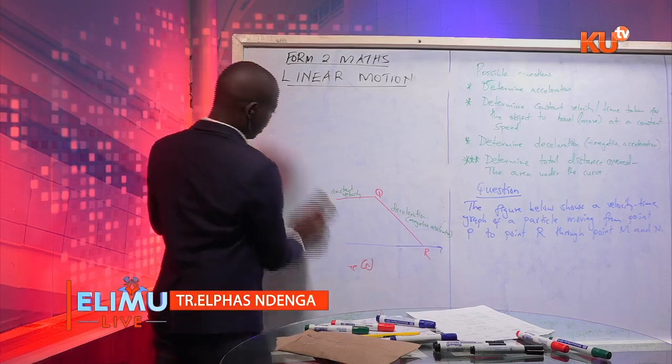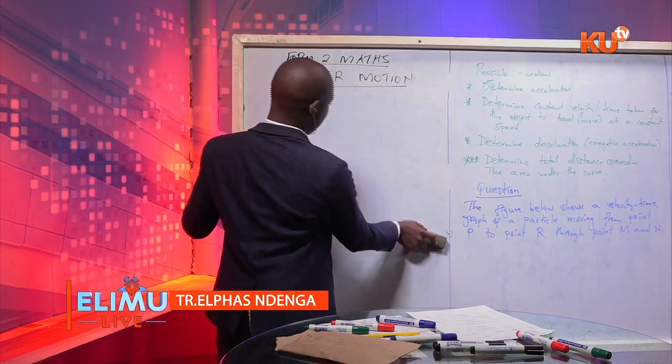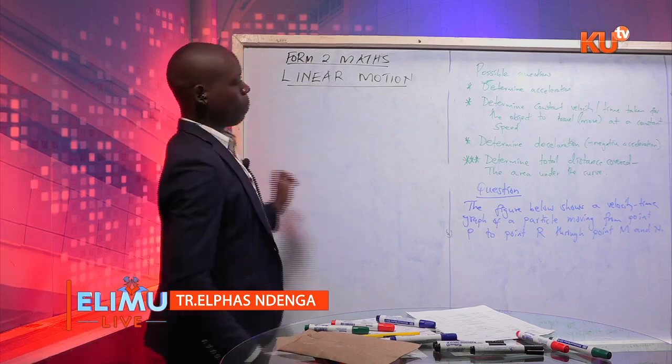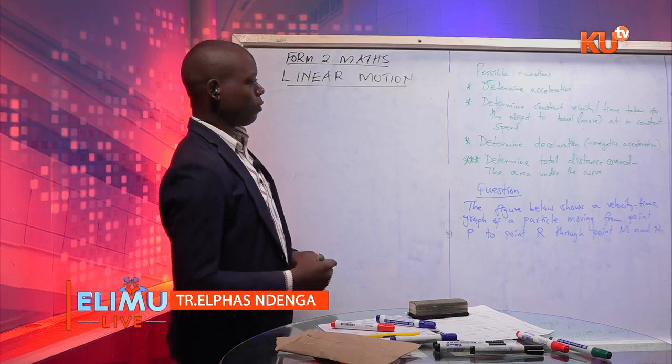Since we have discussed the velocity time graph in detail and seen what we do when you are given the figures, it should be easier for you.